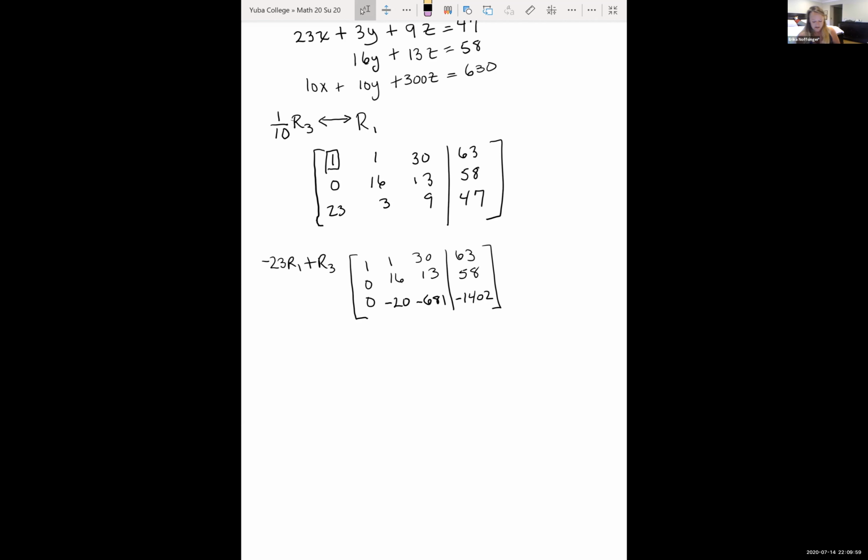Okay, well then we got to deal with fractions. So 1/16 times row 2. If I do that, I get 0, 1, 13 over 16, then 58 all over 16. So I need to use this row 2 now to get rid of the numbers above and below.